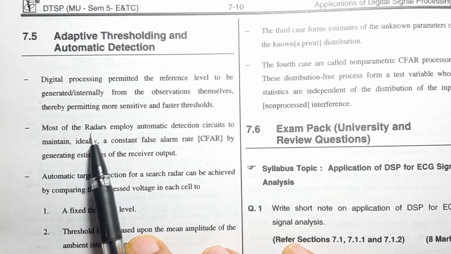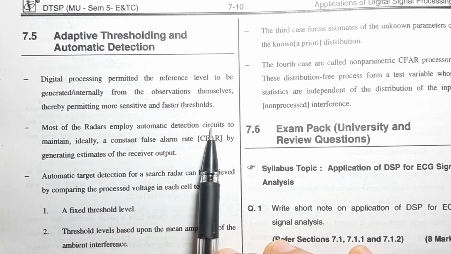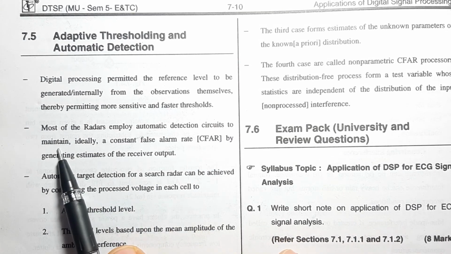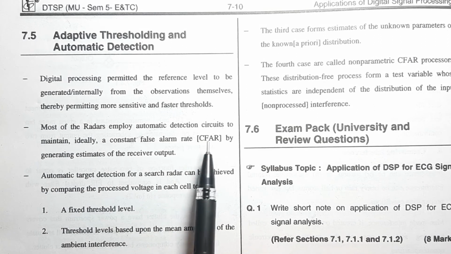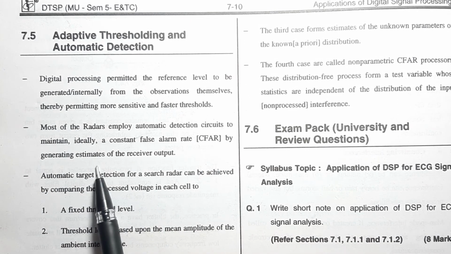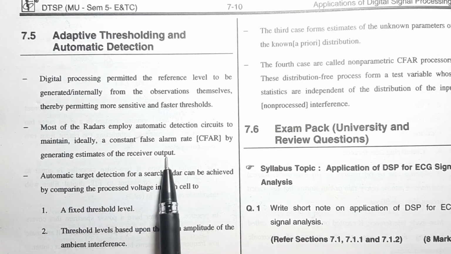Now, most of the radars employ automatic detection circuits to maintain, ideally, a constant false alarm rate, CFAR, by generating estimates of the receiver output.